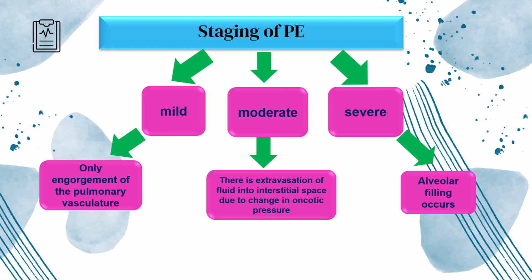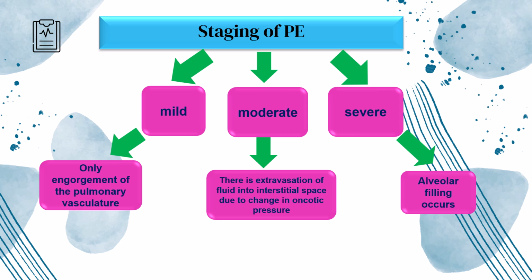Now, what do you mean by staging? Medically, when we go into details about pulmonary edema, you will hear something called stage 1, stage 2, stage 3. But I want you to just know the three basics: mild, moderate, and severe. What do you mean by mild? There has only been some engorgement or swelling of the pulmonary vasculature or the pulmonary capillary.